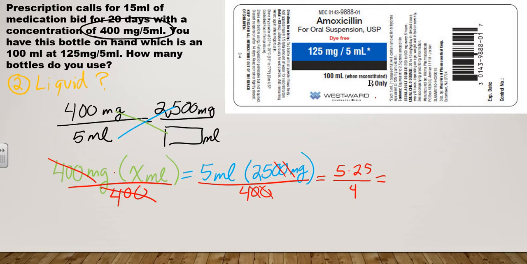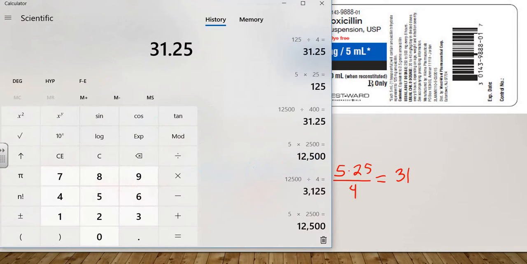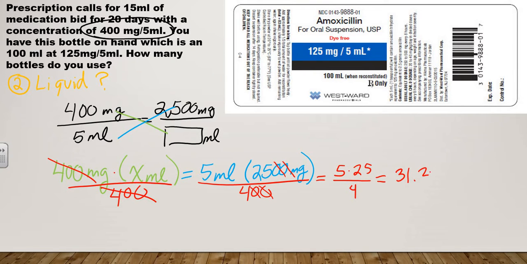So out of this bottle, I'm going to get 31.25 milliliters of medication. Okay, so just to recap here, this bottle at 125 milligrams to 5 milliliters is going to give you 100 milliliters of medication.